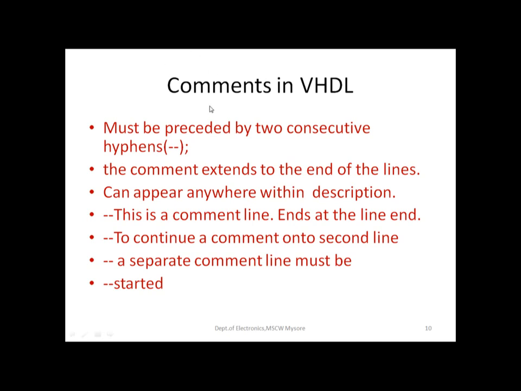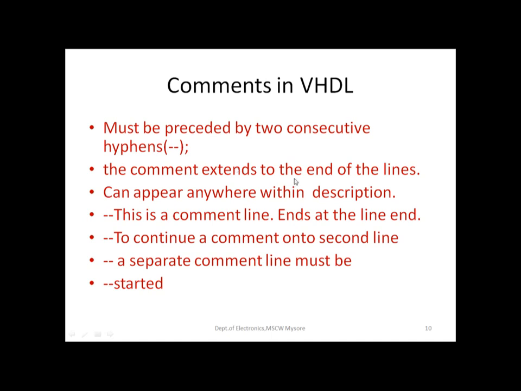In the VHDL, a comment line begins with 2 hyphen characters. Okay, these 2 characters. So that is what I told: 2 consecutive underscores cannot be used in identifiers. Okay, let us see one example here.